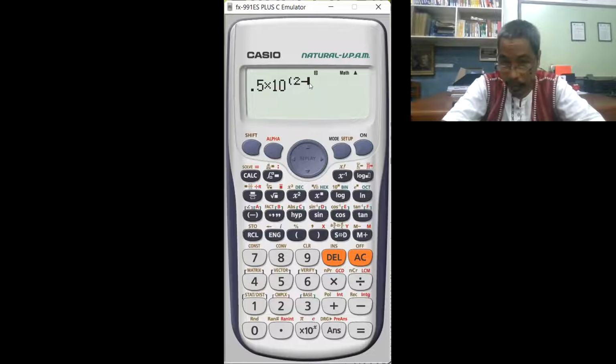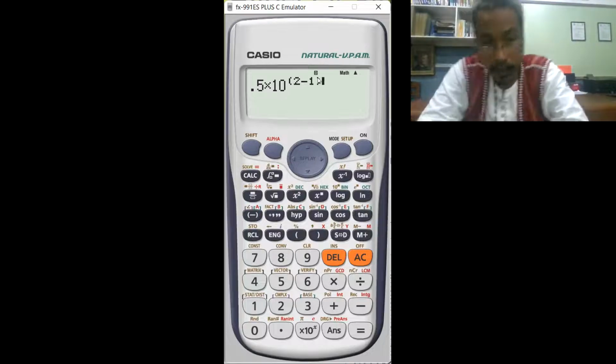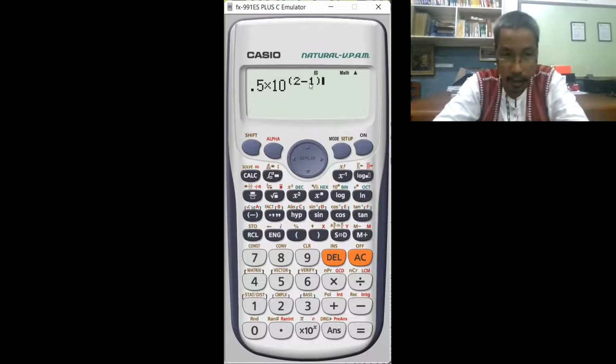Let us start with m equal to 1. Take note, 1 is the value of m. So m is the variable that we would like to know.